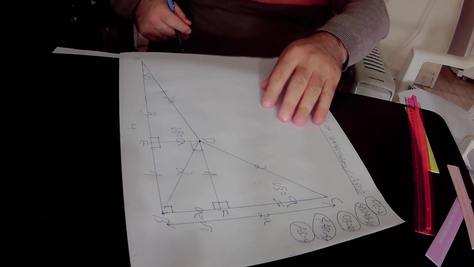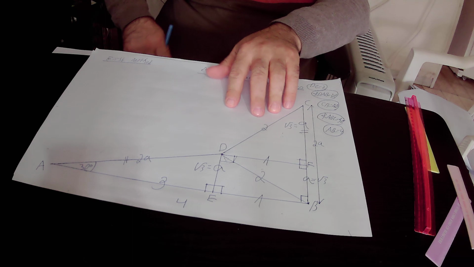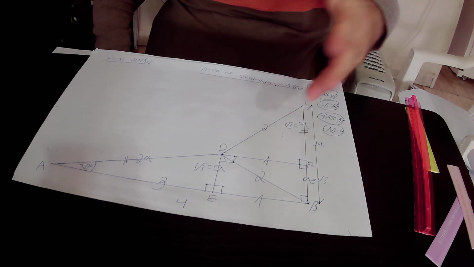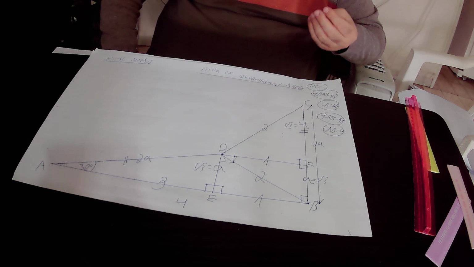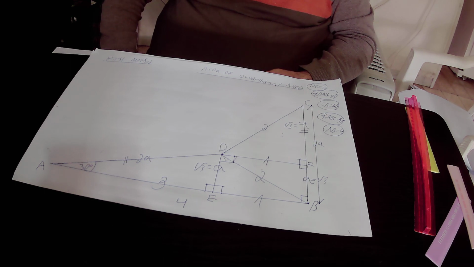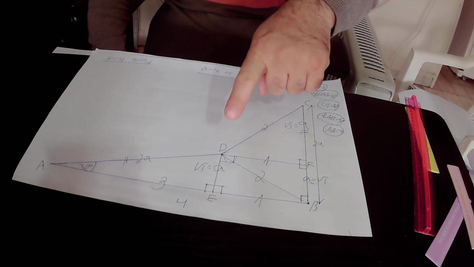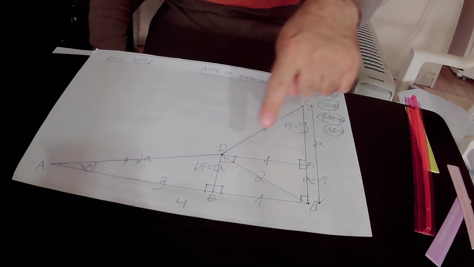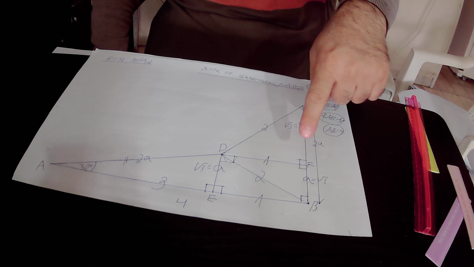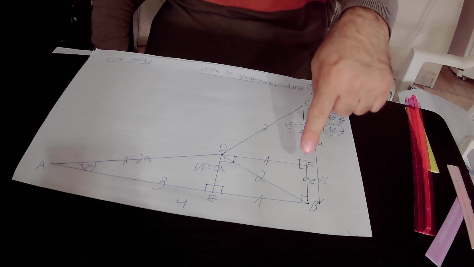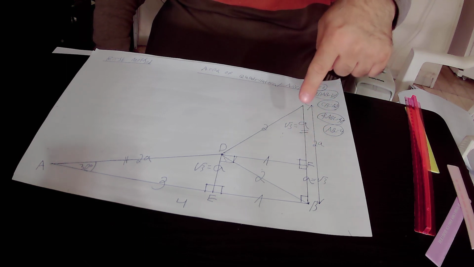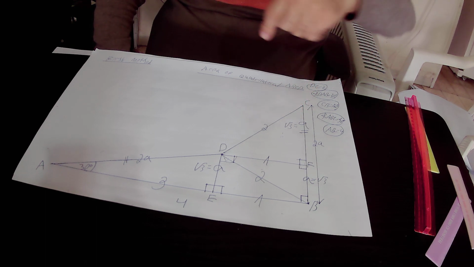Now we can easily find out the area of quadrilateral ABCD because of the fact the area of quadrilateral ABCD will be equal to the area of the right triangle ADE plus the area of quadrilateral DFEB plus the area of the right triangle CFD.